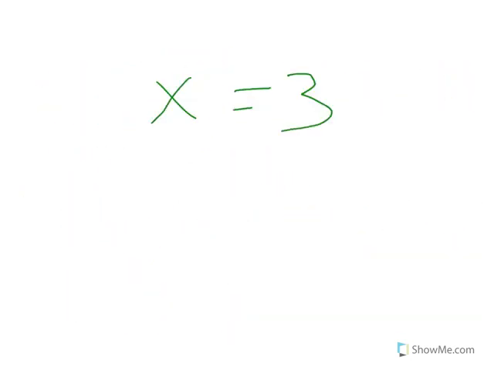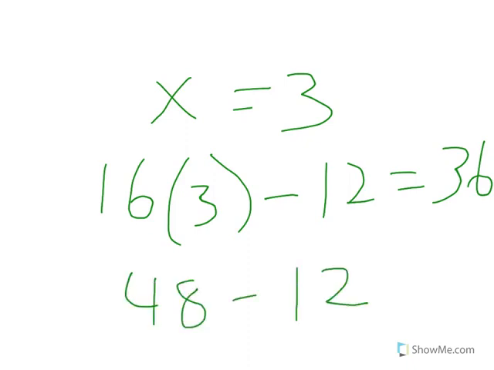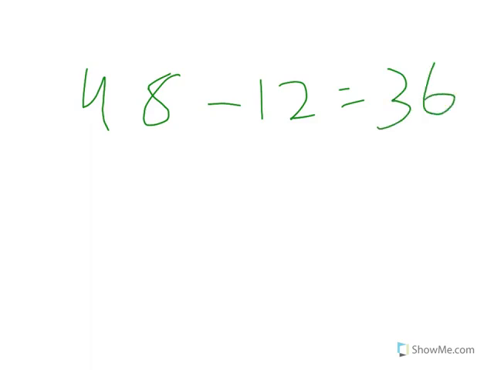And then if you want to check that, you can just insert it into 16x minus 12: instead of x you write down 3, minus 12 equals 36. Okay, let's have a look. So 3, you can do this in your calculator if you want, and that gives me 48 minus 12 equals 36. 48 minus 12 equals 36.